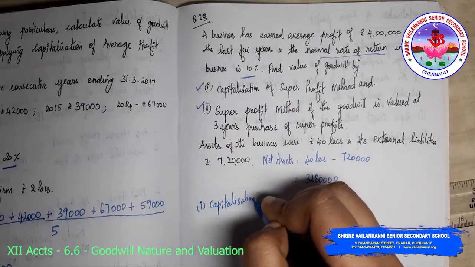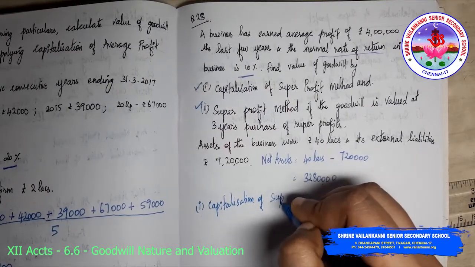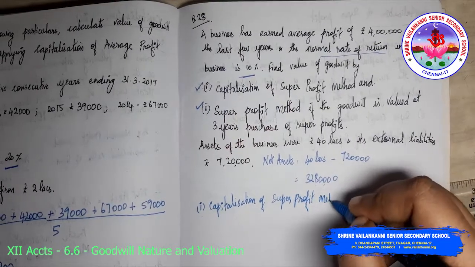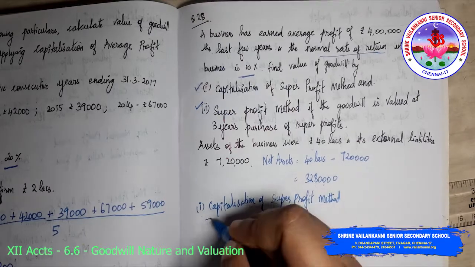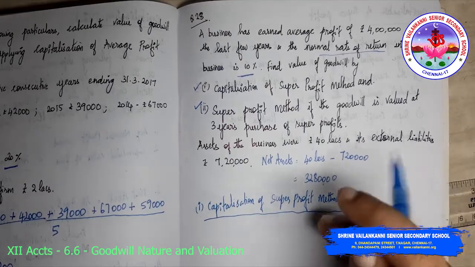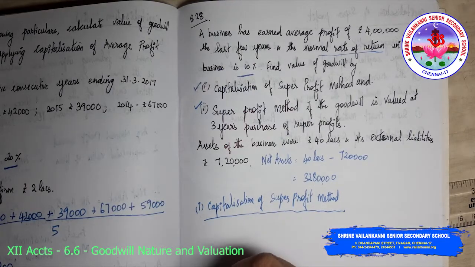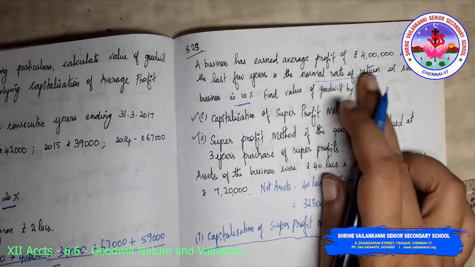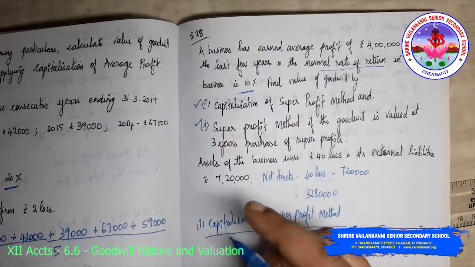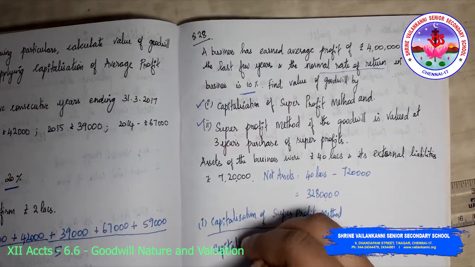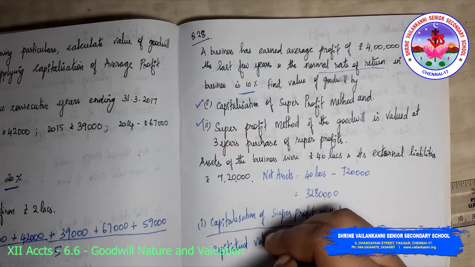capitalization of super profit method. Okay. So capitalization of super profit method. Now in this method, first what we are supposed to find is the average profit. Now average profit is given directly in the question. Okay, now I need to find capitalized value of firm.